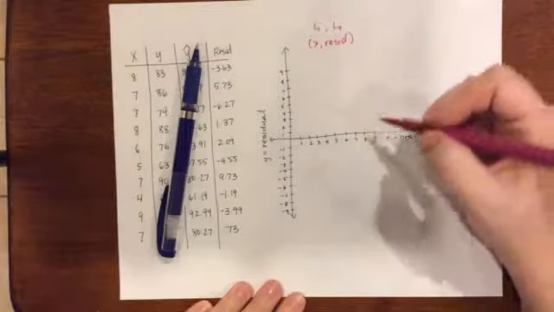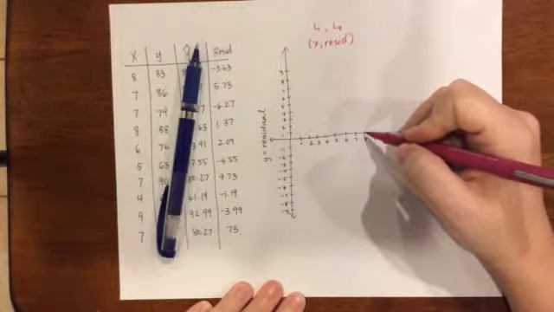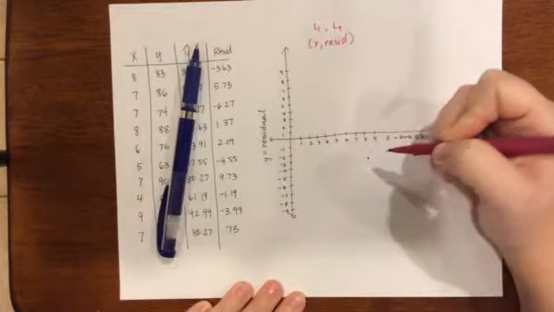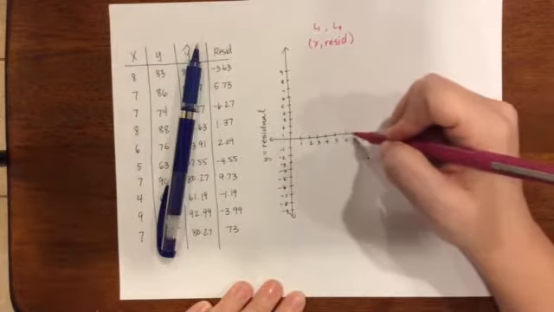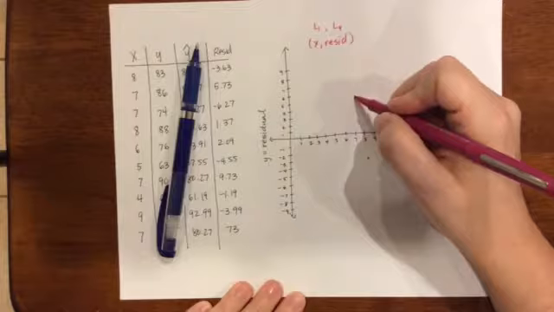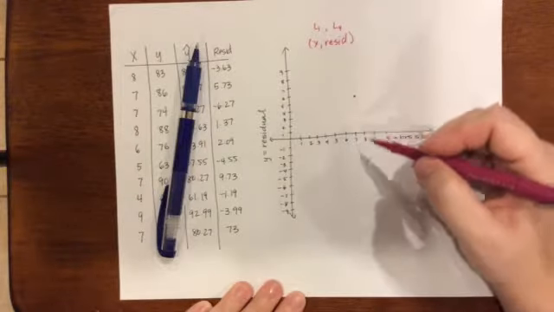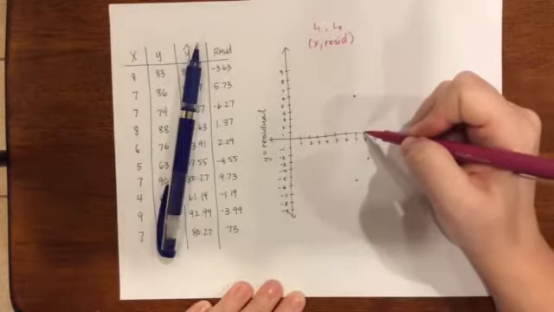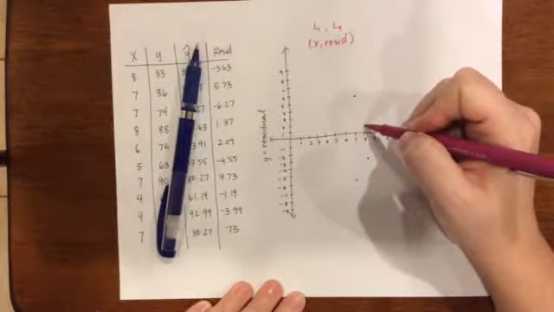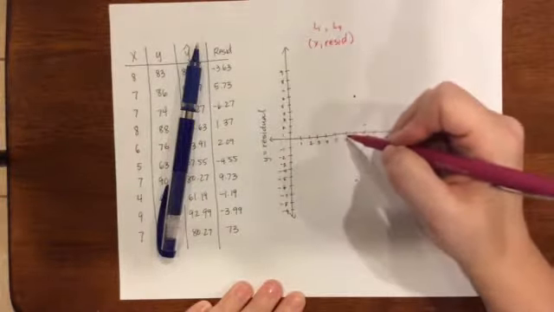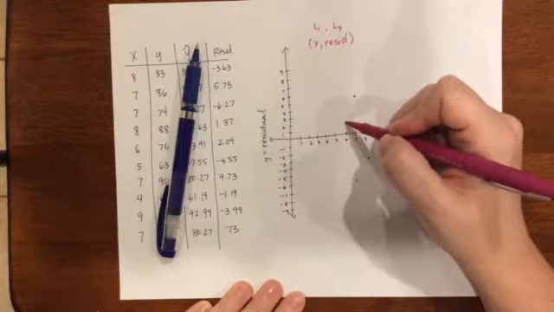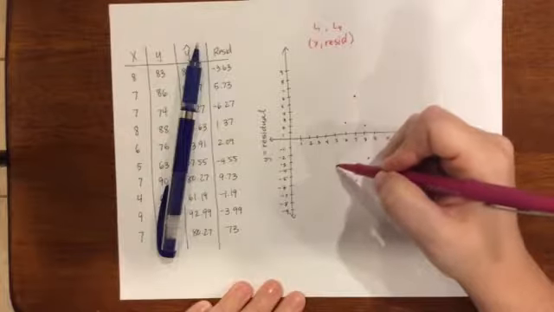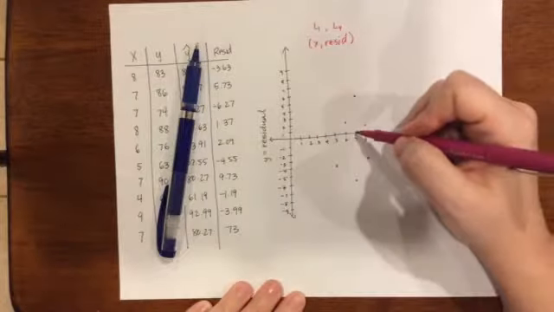I won't do all of them. So let's see, the first one is 8, negative 3. The next one is 7, 5.7. Actually, I can do these pretty fast. 7, negative 6. 8, 1.3. 6, 2.09. 5, negative 4. 7, 9.